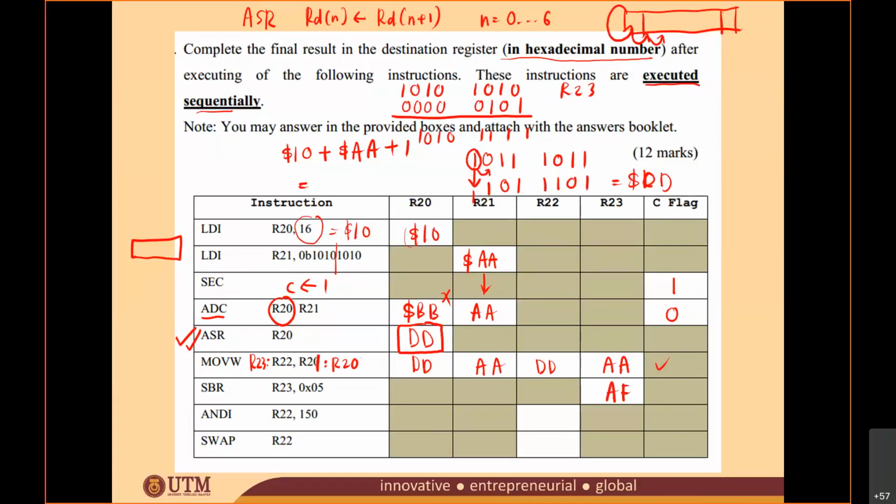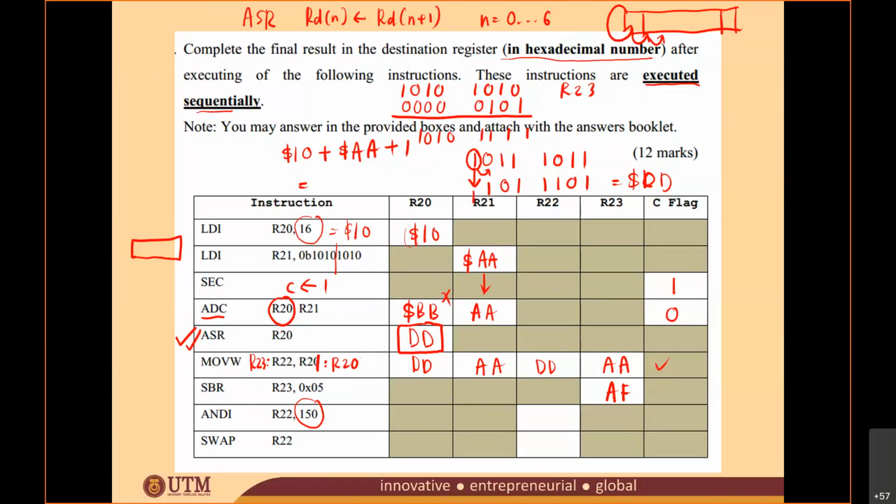Okay, next. ANDI R22 with 150. So you're going to do the logical AND immediate with value 150. This 150 is in decimal. Every time you see ANDI, ADD, ADC, you're going to change the number to binary. So macam mana nak buat ni? 150.